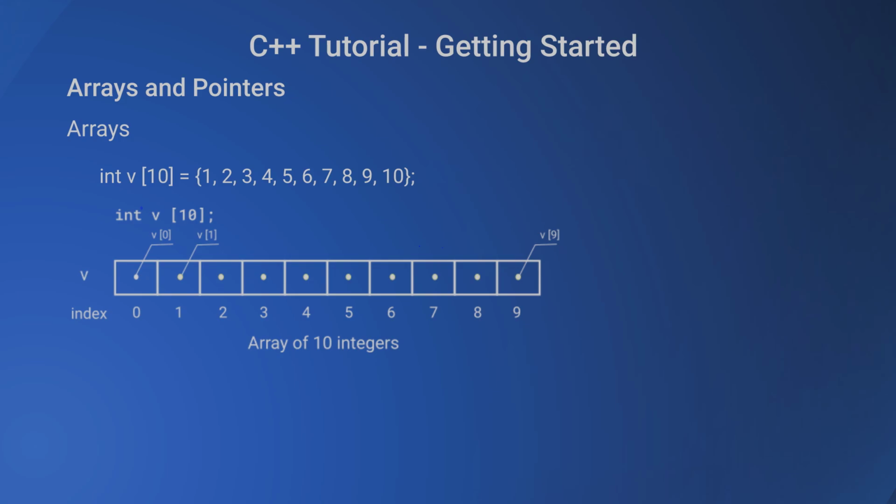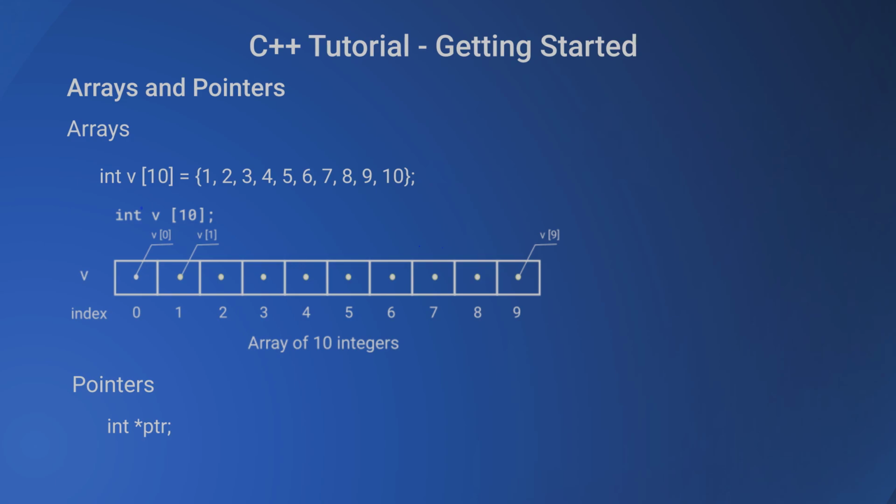So the int v[10] array has elements v[0], v[1], up to v[9]. The index of the last element is 1 less than the array size. Pointers. A pointer variable contains the address of a base type. It is set to point to an object of the base type. We can define a pointer variable as int *ptr. ptr is a pointer to an integer object.